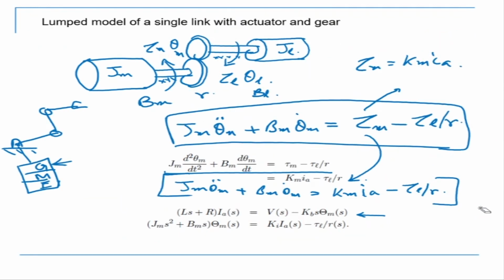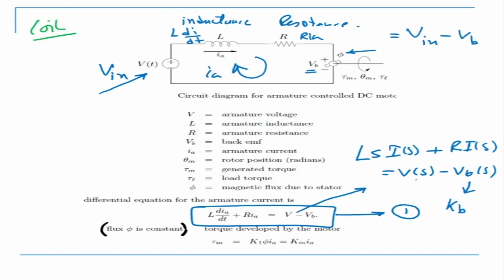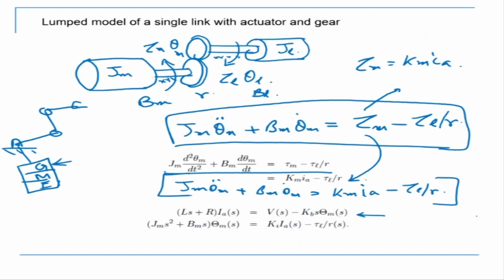I'll be getting Kb into S into theta ms. So Vb is equal to Kb into theta m dot, so Kbs theta ms. Okay, that is what I'm getting here.